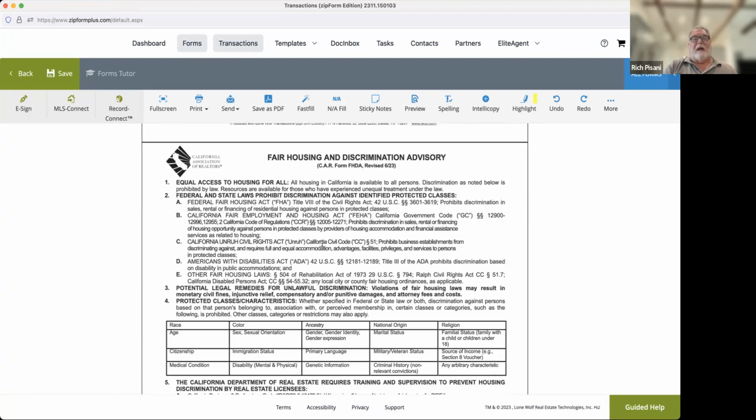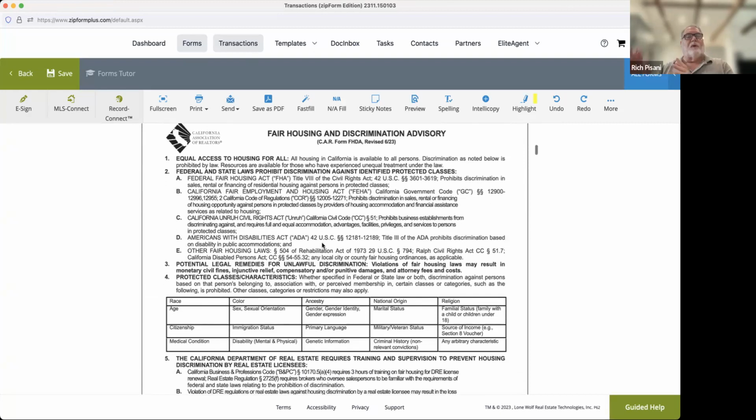So that's the first form. The second is the Fair Housing and Discrimination Advisory. We do not discriminate. We don't steer people to specific neighborhoods because of their ethnic makeup or the possible religious makeup of a neighborhood. We don't do that. We don't work with clients who do that because that becomes a liability for you and the brokerage.